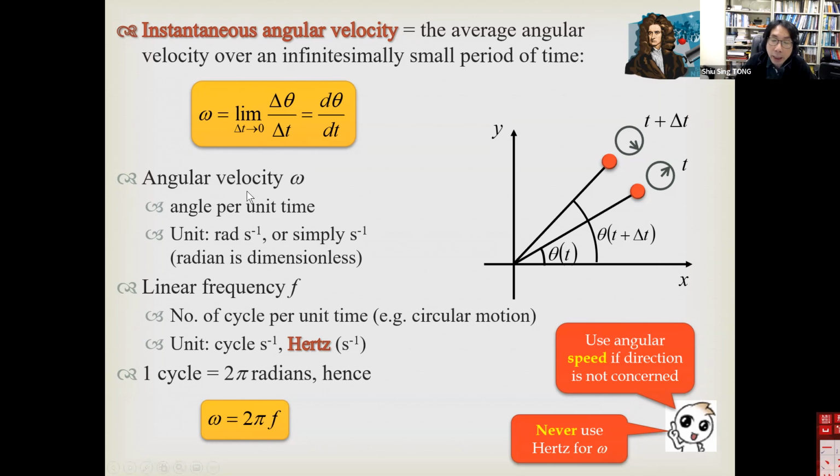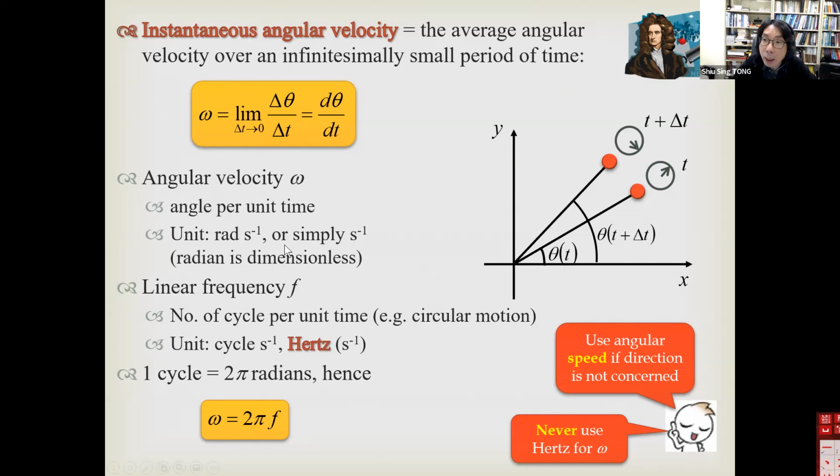Now let's look at the angular velocity. Let's look at its dimension. It is the angle moved by the object per unit time, right? Because it is the angle divided by time. So the unit of this quantity is radian per second. Okay, the radian is the angle. Second is the unit for time. So the unit of this quantity is radian per second. But since radian does not carry any real dimension, I can simply write it as per second.